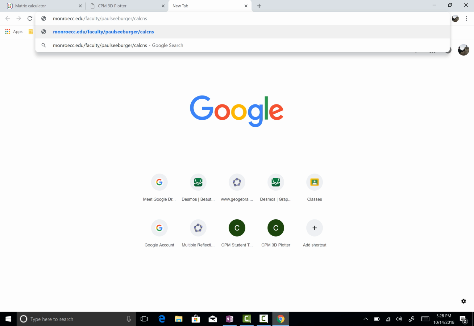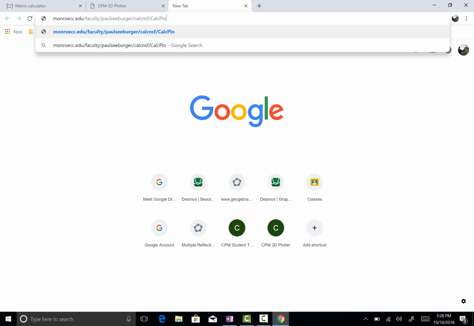You might want to know, well, doesn't Desmos have it? They don't. They don't have a 3D plotter, but I wish they did. So it's called CalPlot 3D. We probably could have just searched for that.